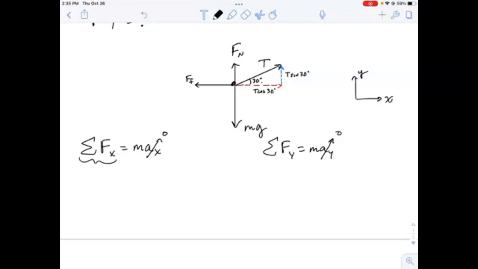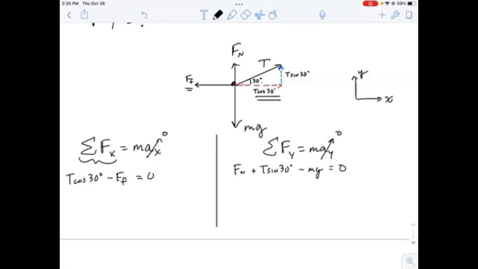So what are my x direction forces? Well, we have T cosine 30 in the positive x direction, and we have Ff in the negative x direction. In the y direction, we have Fn plus T sine 30 minus mg equals 0.